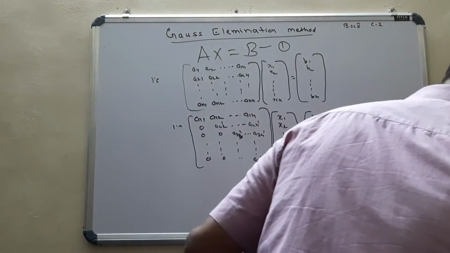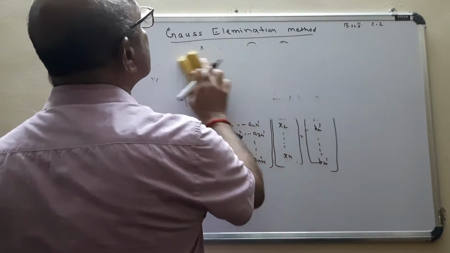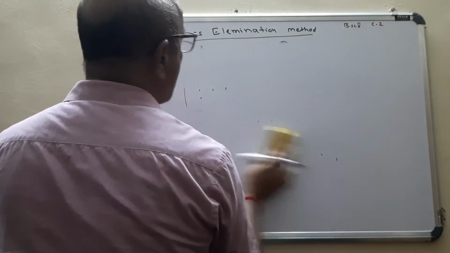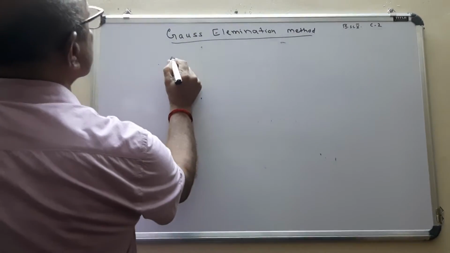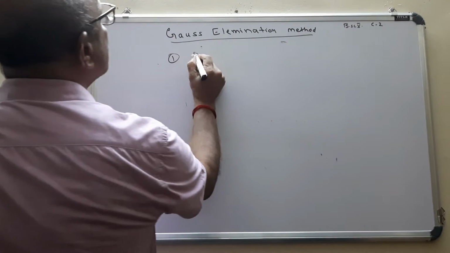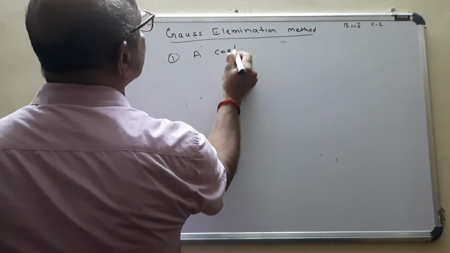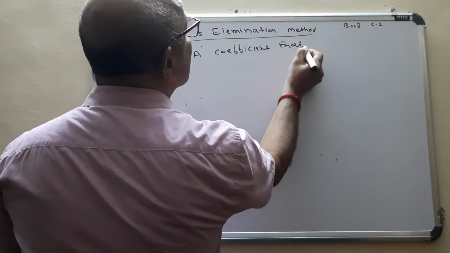Now here you have to note these points while applying the elementary operations. You have to be very careful, and the following points must be considered. The matrix A is called the coefficient matrix.